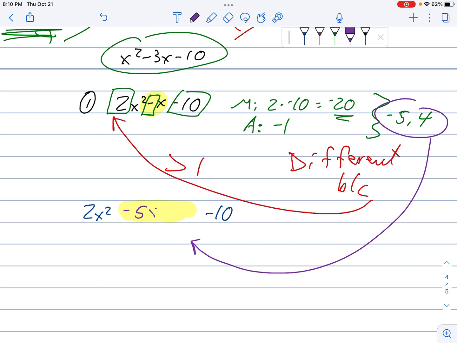Minus 5x plus 4x. Okay, so there's my two numbers, negative 5 and 4. And if I combine them, negative 5 and 4, I would get my negative 1. So I'm going to rewrite them here, except it's a negative 1x. So I'm going to take the negative 5x, take the positive 4x, because I'm just taking this middle term and expanding it in a particular way that I picked over here.